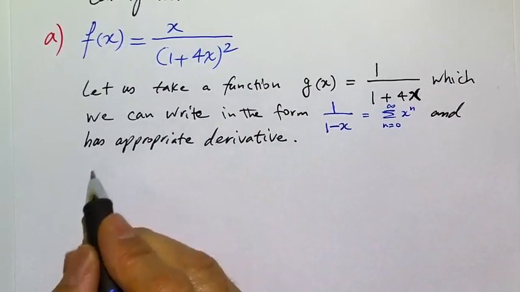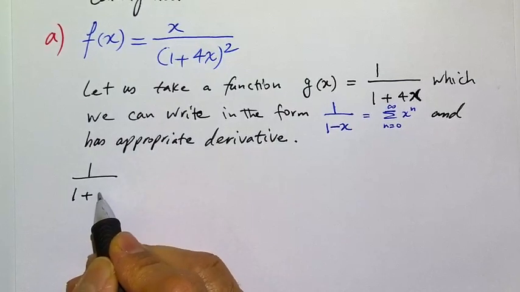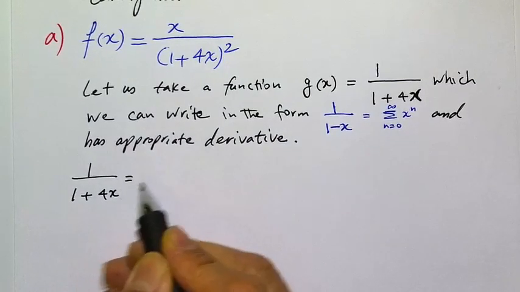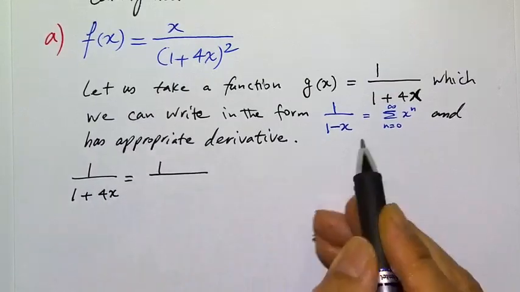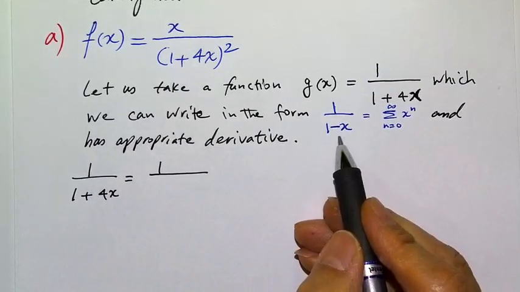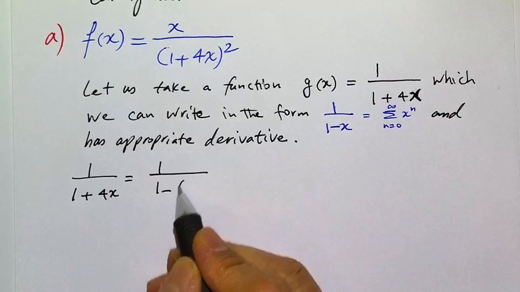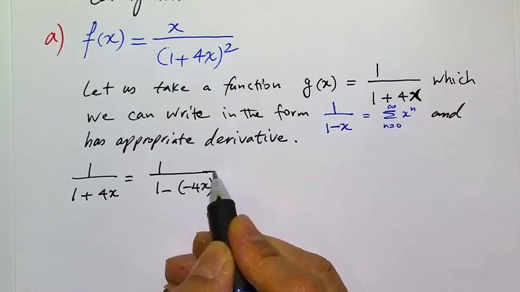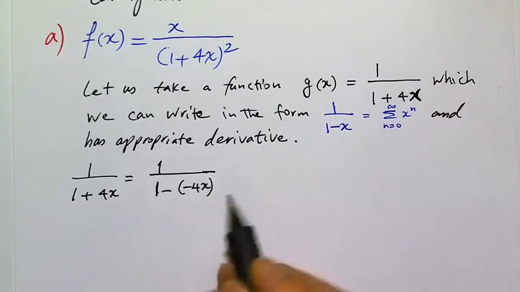Okay, so starting with 1 over 1 plus 4x, and again, we are not including the power yet. How can we write this in this form? It resembles 1 minus 4x, right? That's the same thing.